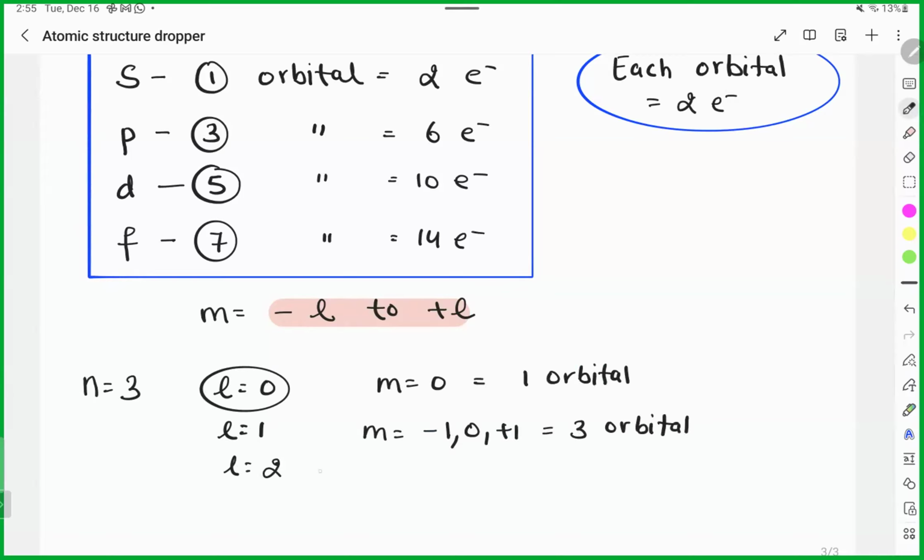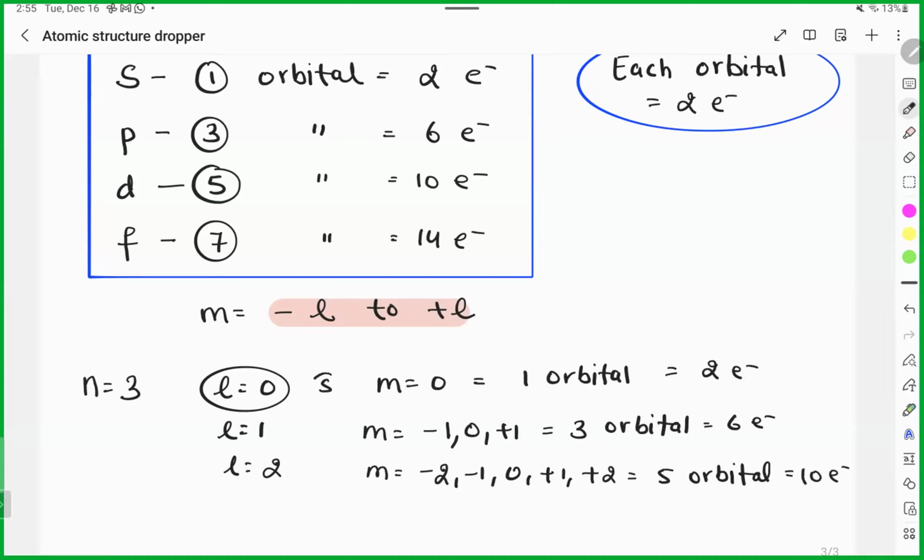And if l value is 2, then m value will be minus 2, minus 1, 0, plus 1, plus 2. So what will be the total number of orbitals? And here you will have 2 electrons maximum, 6 electrons, 10 electrons, and you know this is S, this is P. Make sense, guys?